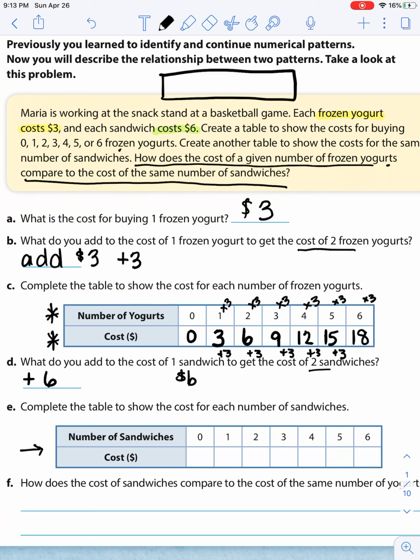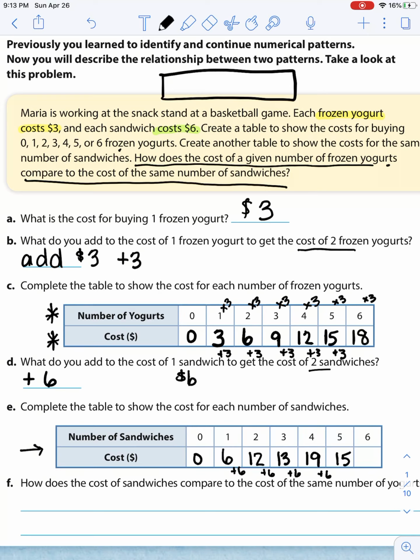So 0 sandwiches, $0. 1 sandwich, $6. 2 sandwiches is another plus 6. So we have 12. 3 sandwiches is another plus 6. 18. Plus 6.